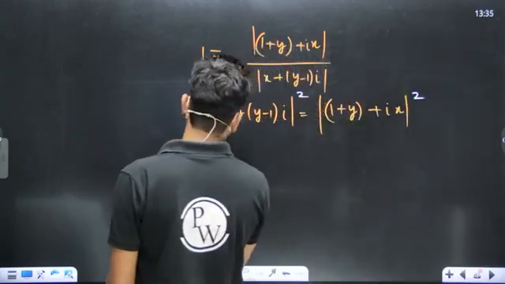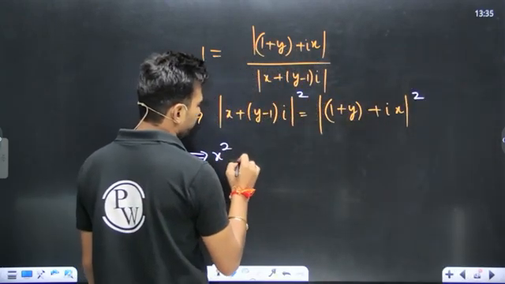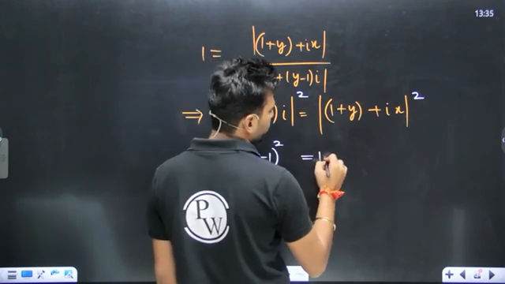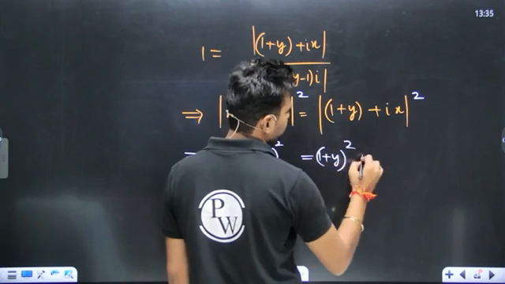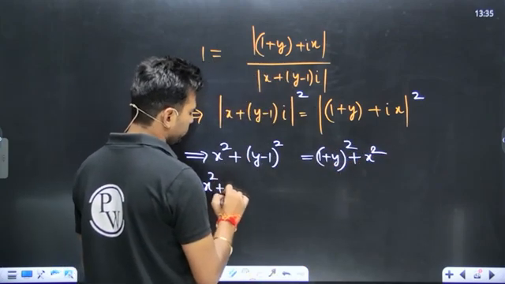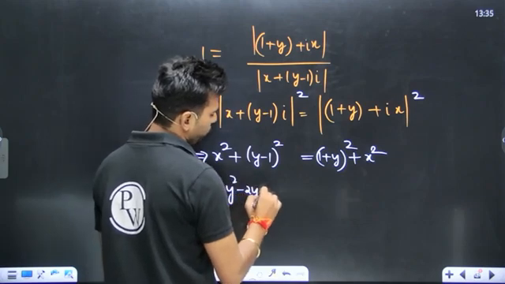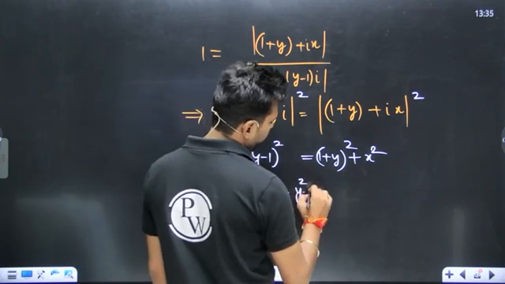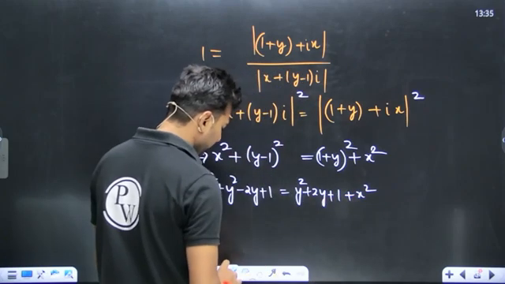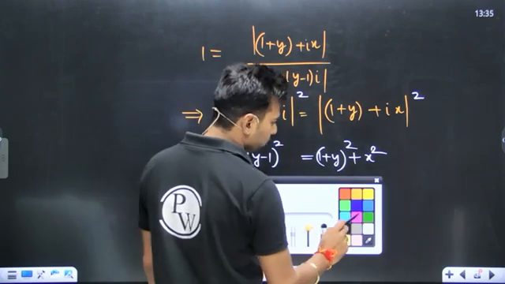If their squares are the same, then this can be written as x square plus (y minus 1) whole square equal to (1 plus y) whole square plus x square. If you expand this, it is going to be x square plus y square minus 2y plus 1 equal to y square plus 2y plus 1 plus x square. Few of the terms can be cancelled over here.